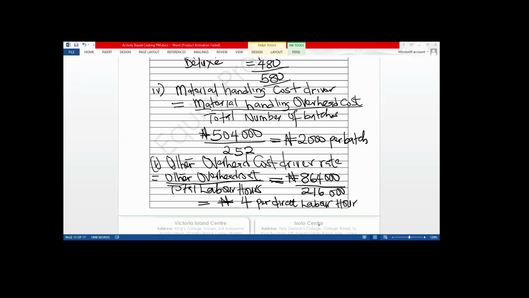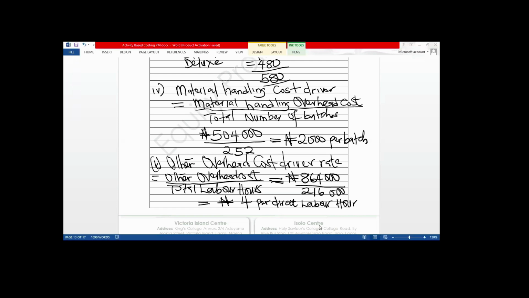So I'm going to add the overhead rate per unit for setup, special material handling, customer invoicing, material handling cost, and other overhead.